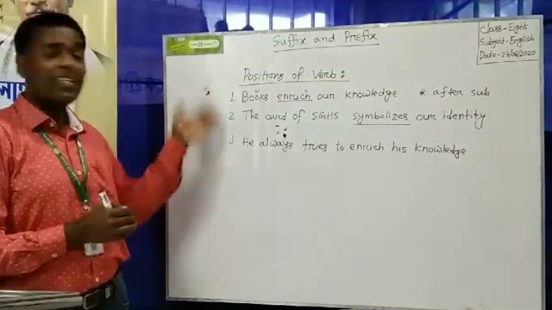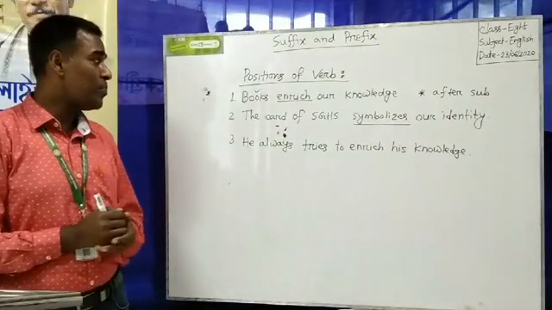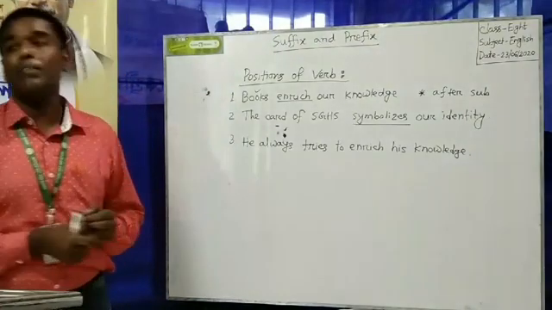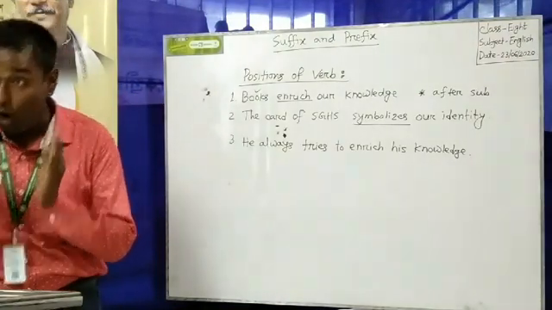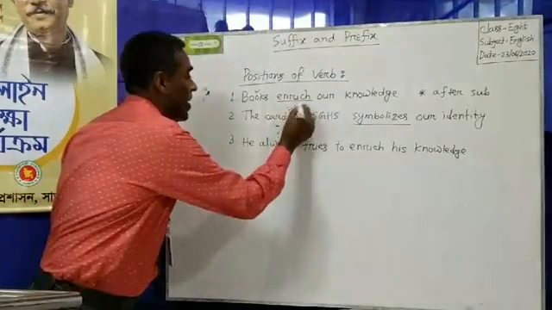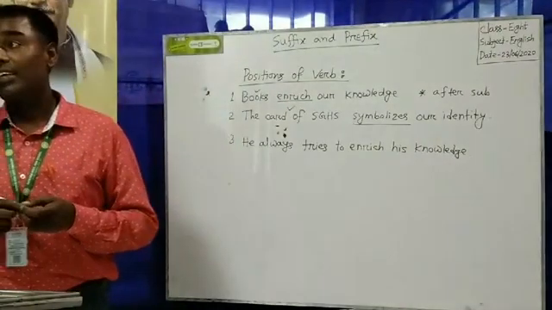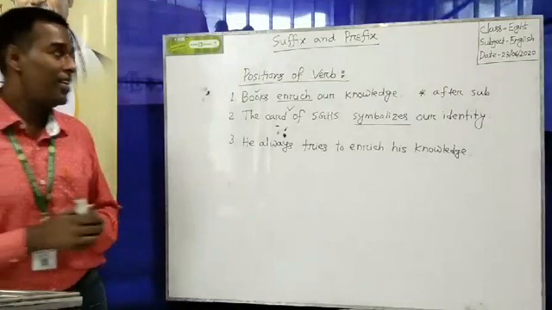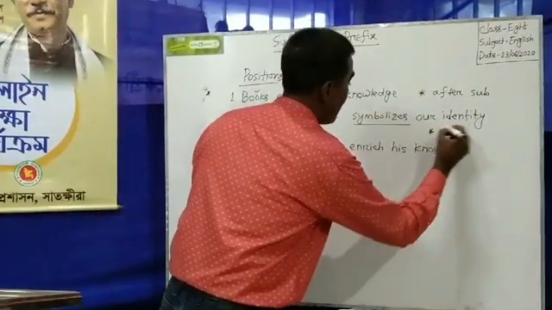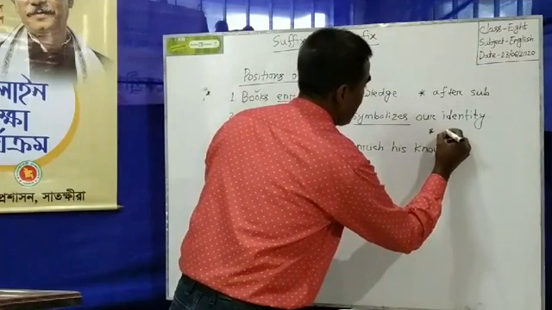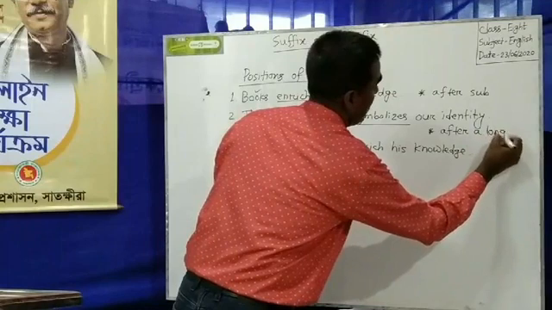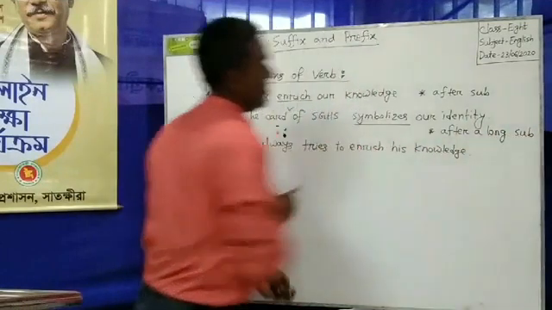So, what is the difference between first and second? The first one is a single subject, and the second one, the card of SGHS, is a long subject. So, a verb can stand after a subject or after a long subject.